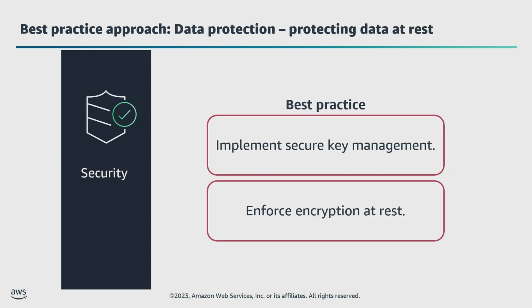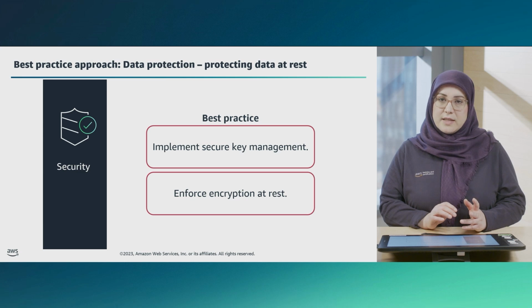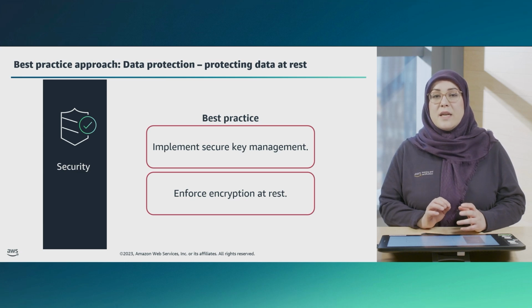Protecting the data residing in your database storage is a critical part of the security pillar. Some best practices are to implement secure key management and enforce encryption at rest. In this module, you learn that to secure data, Amazon Relational Database Service, Amazon RDS, and Amazon DynamoDB use AWS Key Management Service, or AWS KMS.